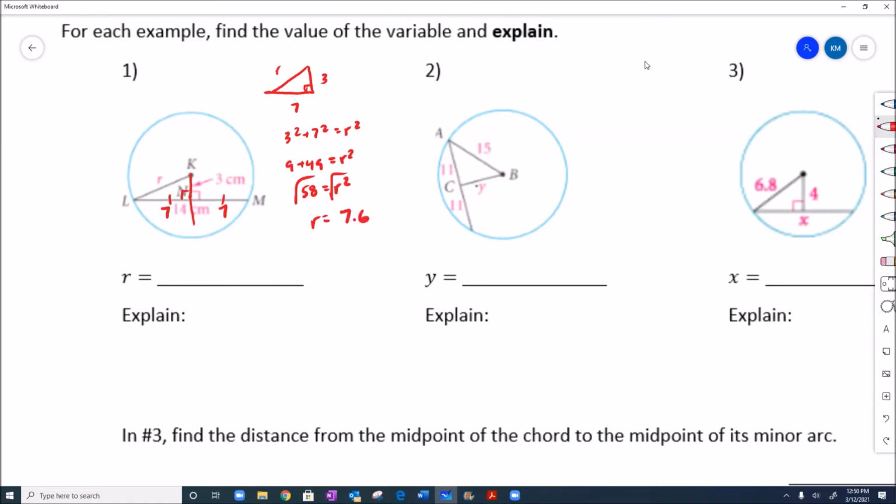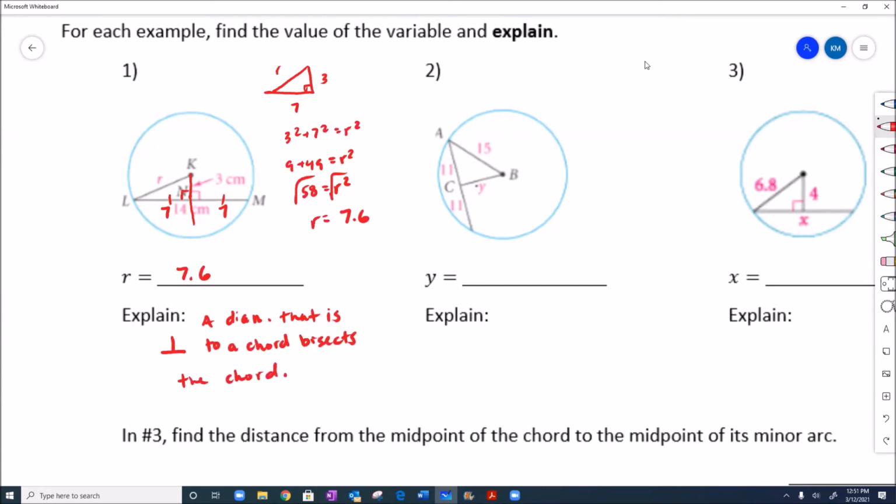So we find our radius is 7.6. And again, we got that because a diameter that is perpendicular to a chord bisects the chord.